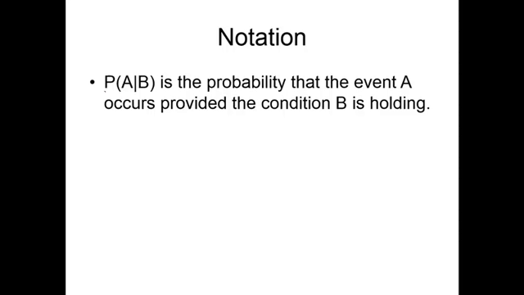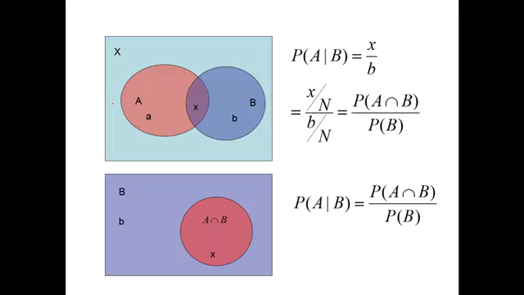The probability of A given B, where this mark means "given", is the probability that an event A occurs provided that the condition B is holding. So we already know that for some reason B has happened, and so we'll see what's then the probability that A will happen.